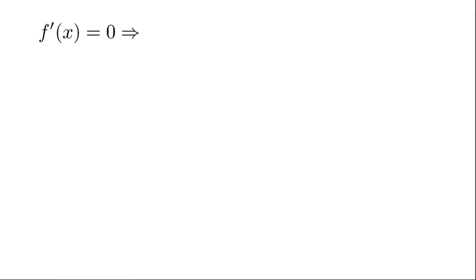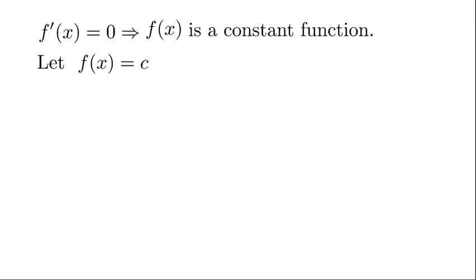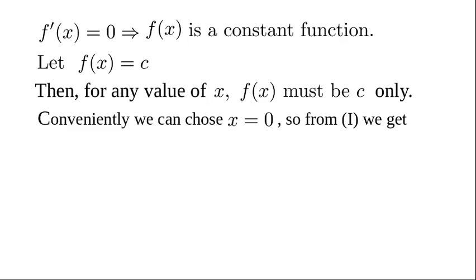So f dash of x equal to 0 implies f of x must be a constant function. So f of x equal to c. Then for any value of x, f of x must be c only. Conveniently we can choose x equal to 0.